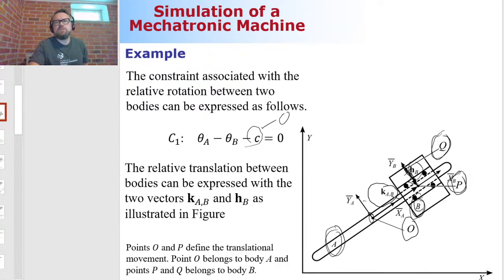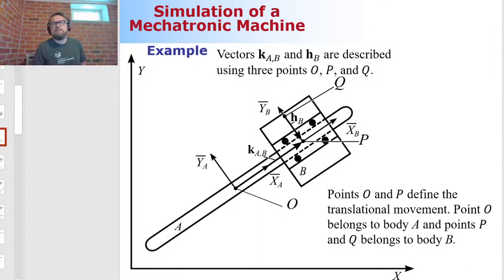That's going to be called H. And then I'm going to set these vectors to be perpendicular with respect to each other. That's going to be my constraint equation. It means that they can slide relatively with respect to each other. But it's a little bit involved.